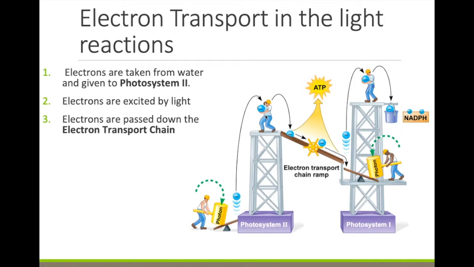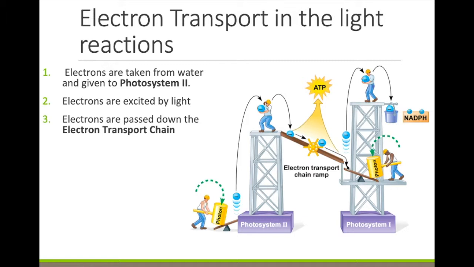And eventually these electrons are passed down an electron transport chain. The electron transport chain is going to work exactly the same as the electron transport chain in cellular respiration. This means that electrons are going to be passed from one protein to the next protein. And as they do, they release a little bit of energy.